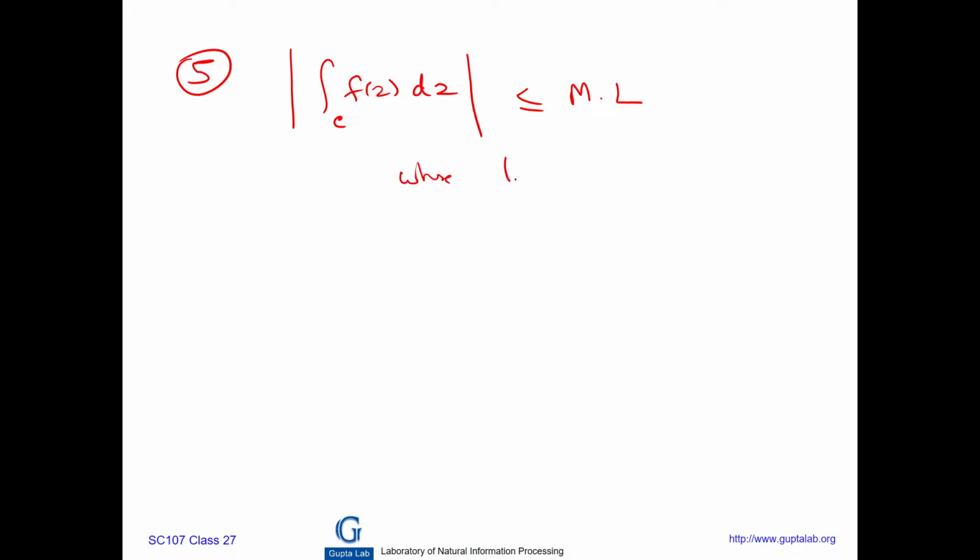The fifth one says that the modulus of the integral along C of f of z dz is less than or equal to capital M times L, where the modulus of f of z is less than or equal to M, and L is the length of C. You can use the definition, expand the summation, and each absolute value of the function is less than M, so that quantity comes out. What is left is the length of the whole curve, since it is the sum of the smaller subintervals.